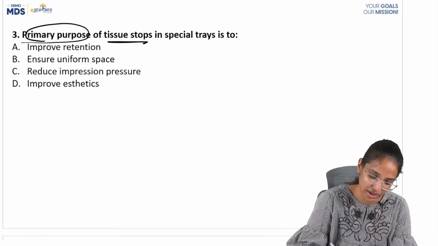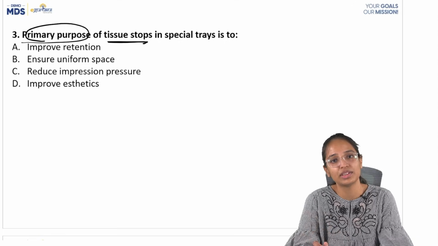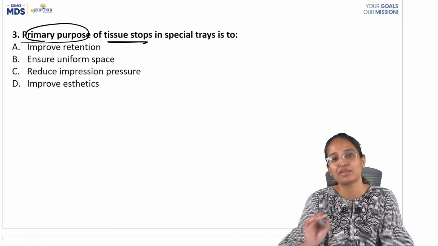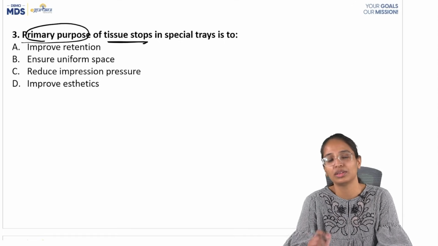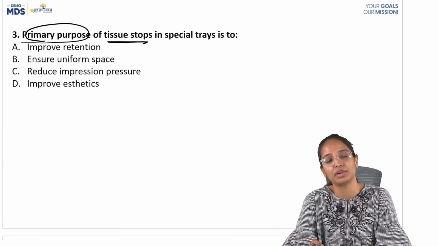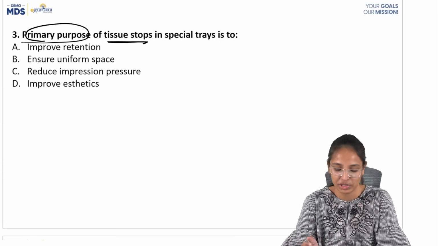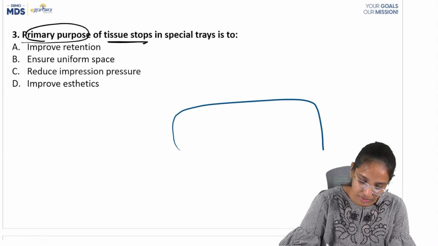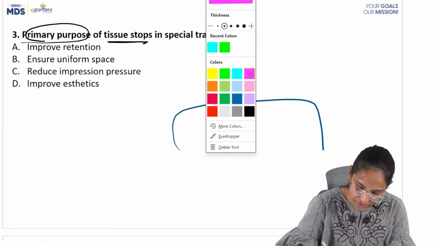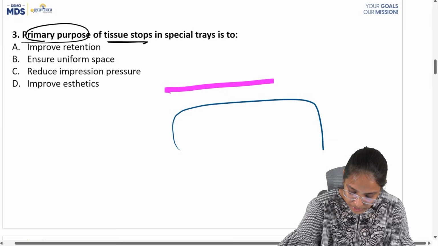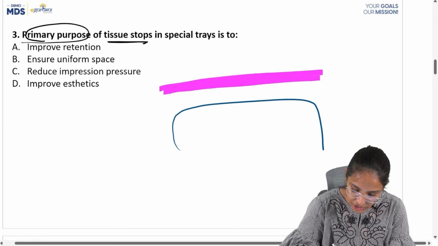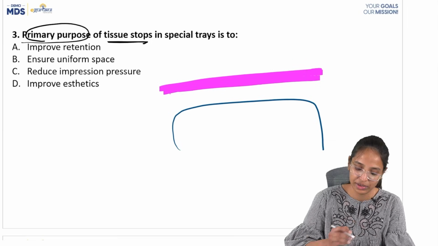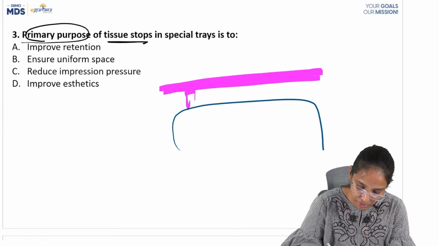Tissue stoppers are given so that the thickness of the impression material is controlled. The moment you don't give a tissue stopper, there is uneven thickness of impression material. How? For example, this is our ridge, and let me draw a cross section here, your special tray over here, and these are my points of tissue stopper.